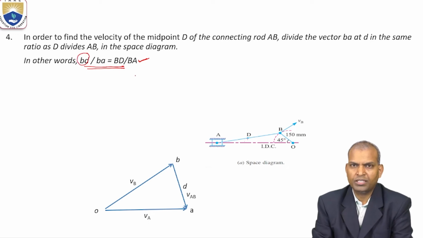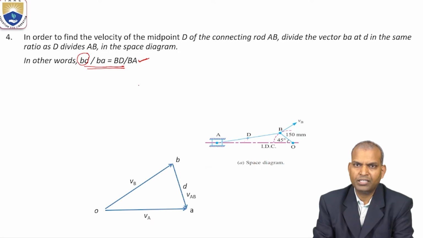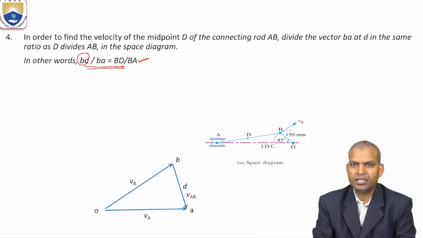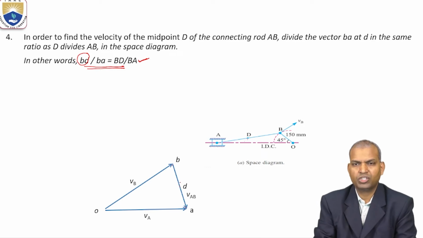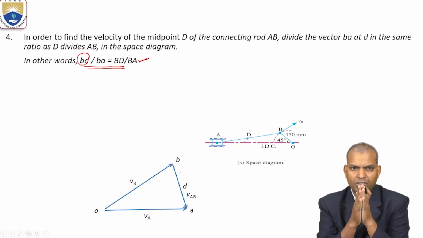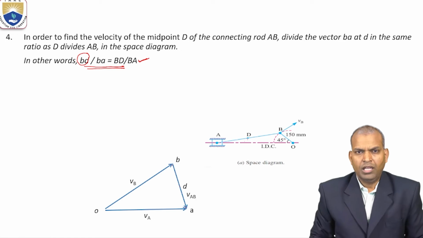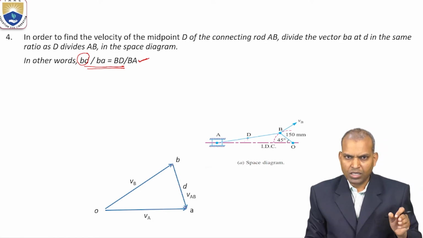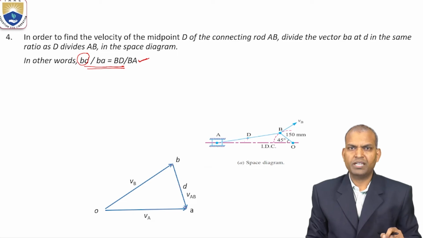Here it is the midpoint, so there is no need to use any formula directly. There is a vector BA, and the midpoint of BA is D. You can mark it directly with the same proportionality, following from the configuration diagram to the vector diagram. But if it is not the midpoint, then what is the value of BD?